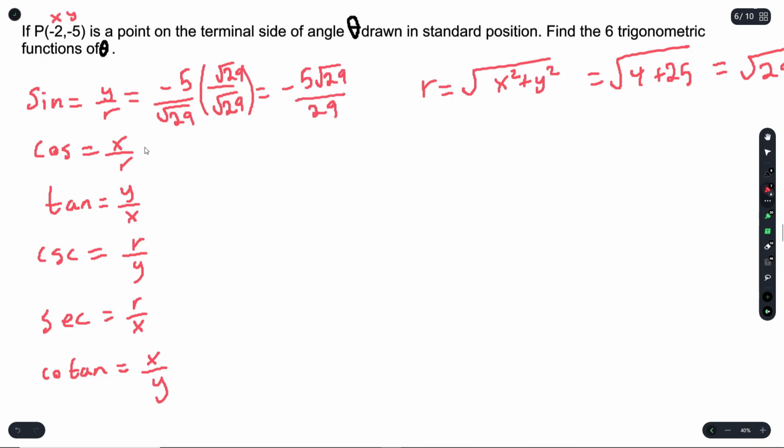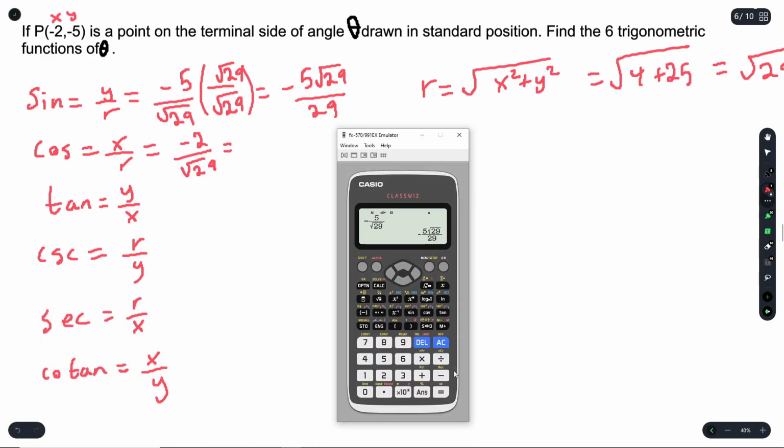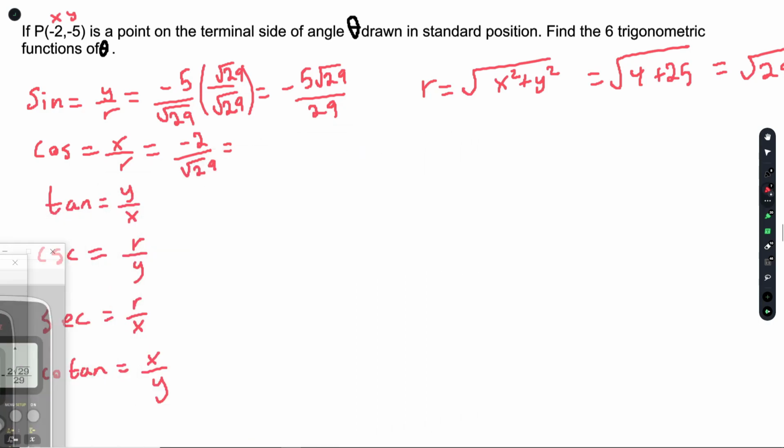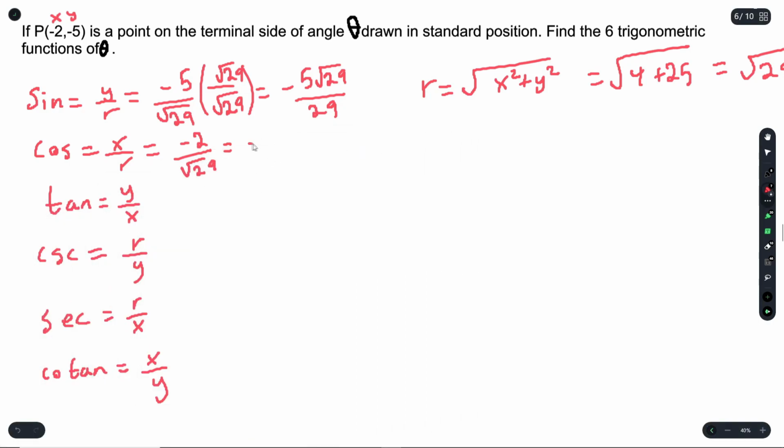So I'll just use the calculator to fix all the radicals in the denominator from now on. So negative 2 over radical 29, and the calculator gives negative 2 radical 29 over 29.